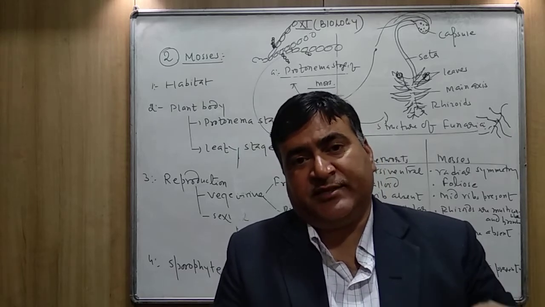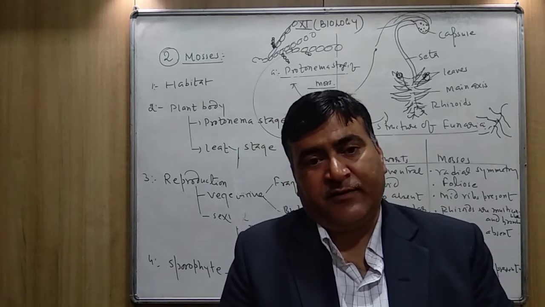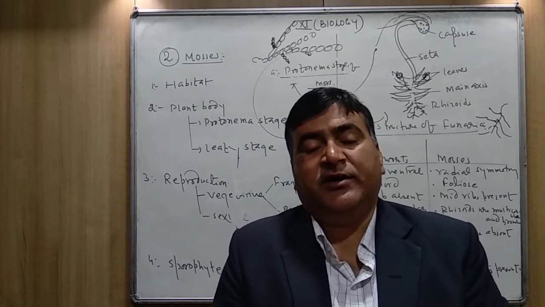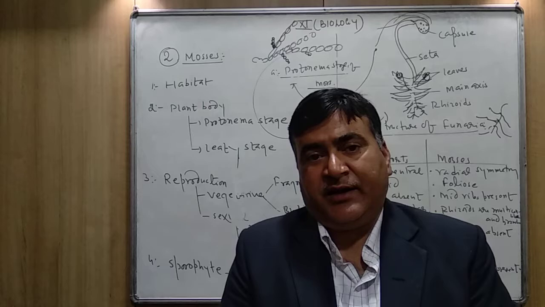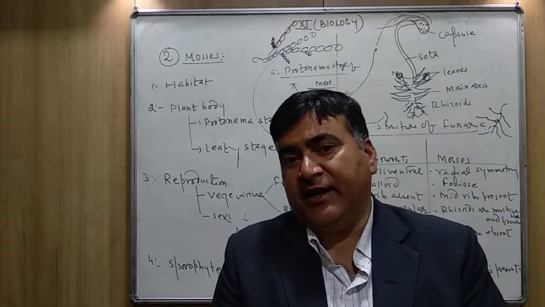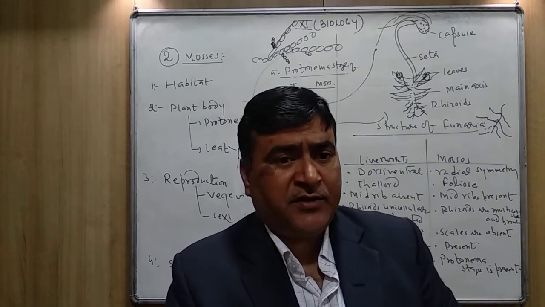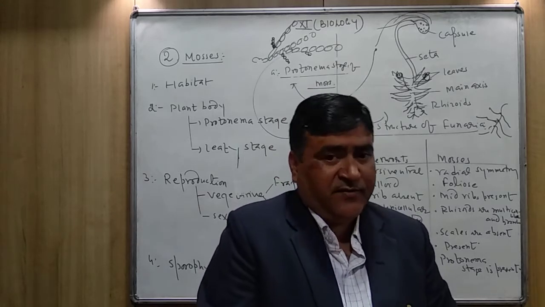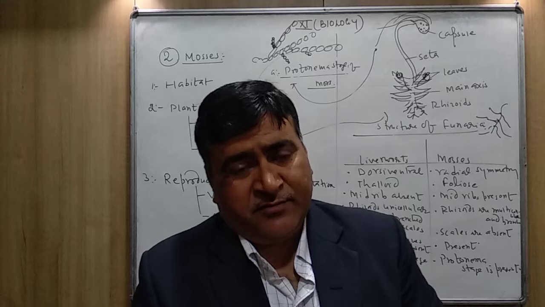So antherozoids swim, come inside the archegonium, and any one antherozoid can fuse with the egg to form zygote. So water is essential for the process of fertilization, whether it is liverwort or mosses.